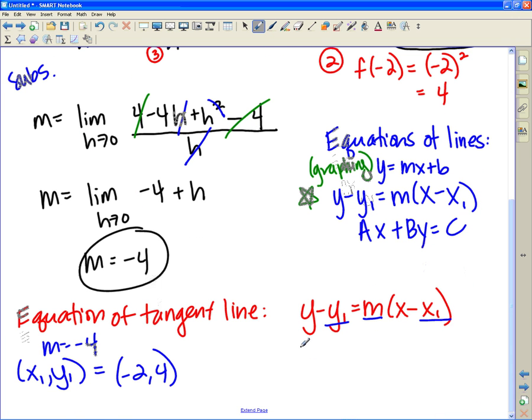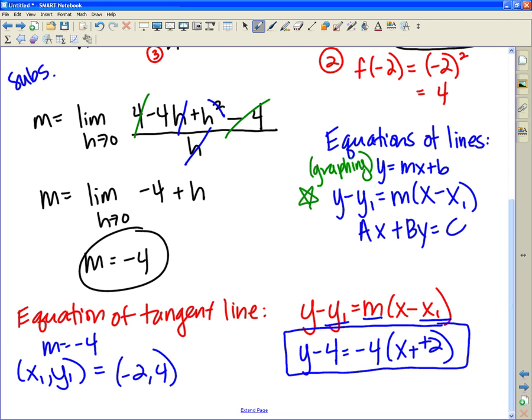So here we go. Y minus 4 equals negative 4 times x minus negative 2. Yes, plus 2. I changed it. I always do the minus negative because it's a step in the process, but it is plus. Now this is probably how your answer will look in the back of the book.